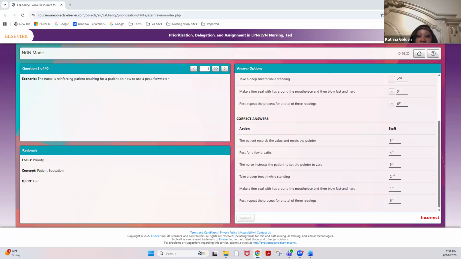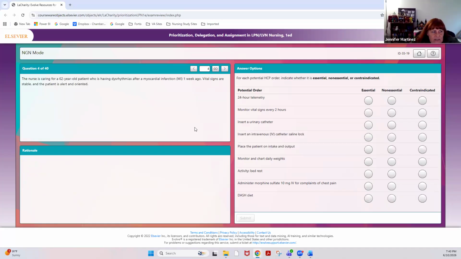That's what you're saying, right? Yeah. It doesn't have peak flow meter in there. All right, we'll go with that.